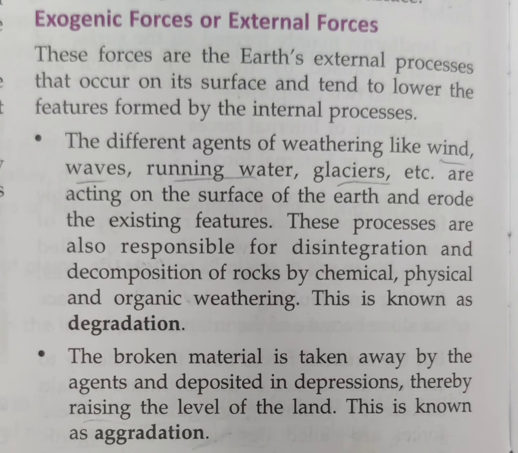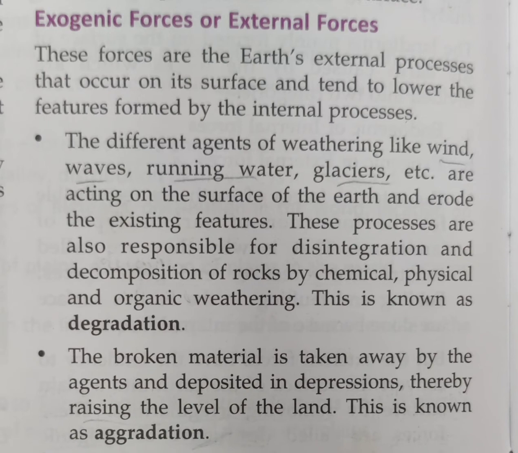Like a place is filled with soil and the soil is taken away by wind or by water. A great, fast flow of water takes away some mud or soil with it to another place. This is called degradation. The broken material is taken away by the agent and deposited in depressions, thereby raising the level of the land.